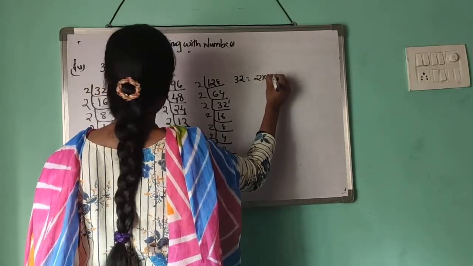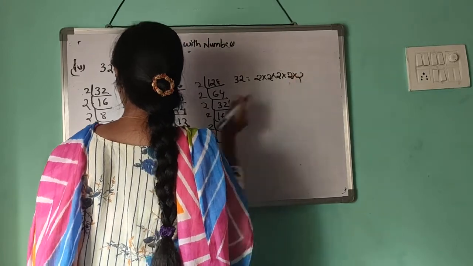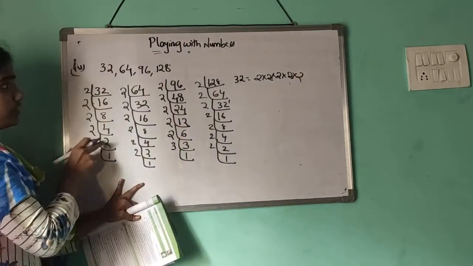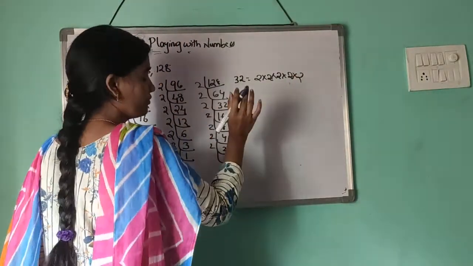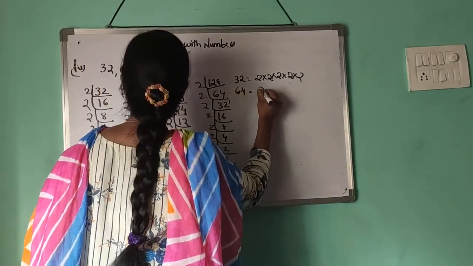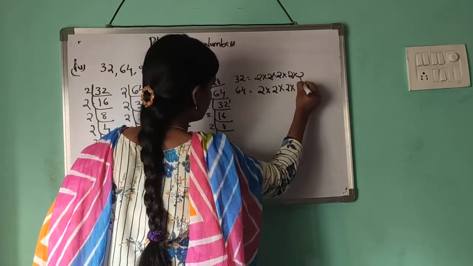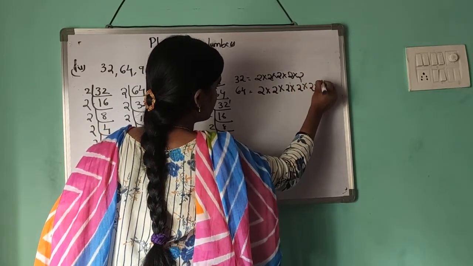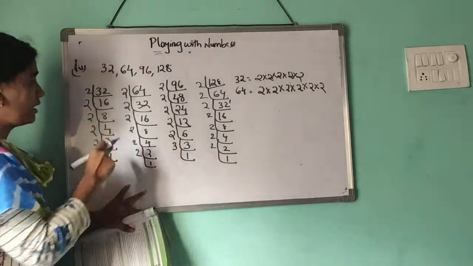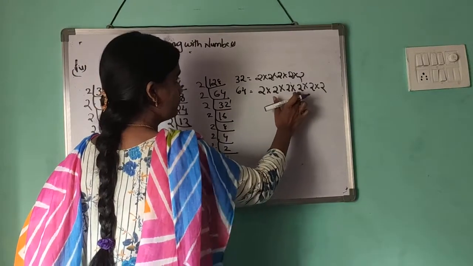2 into 2 into 2 into 2 into 2. 1 2 3 4 5, so 5 2s. Coming to 64: 2 into 2 into 2 into 2 into 2 into 2. Here how many 2s are there? 1 2 3 4 5 6.